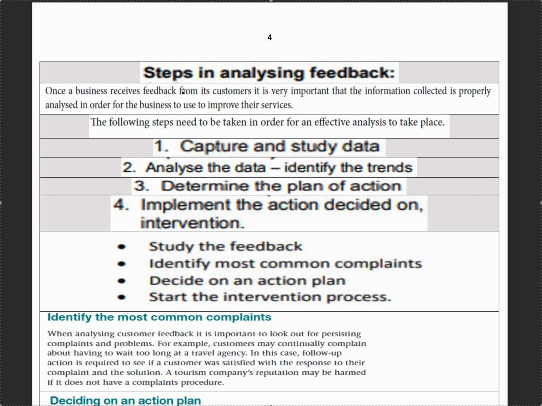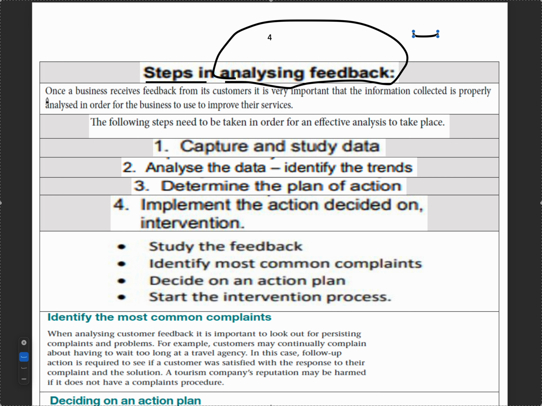After you have collected the feedback from the customer, here we'll talk about what that feedback is done with. So these are the steps in analyzing the feedback that you got from the customers, whereby they express themselves and talk more about what they don't like about the business.